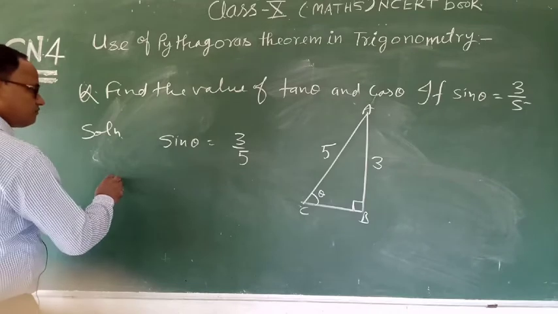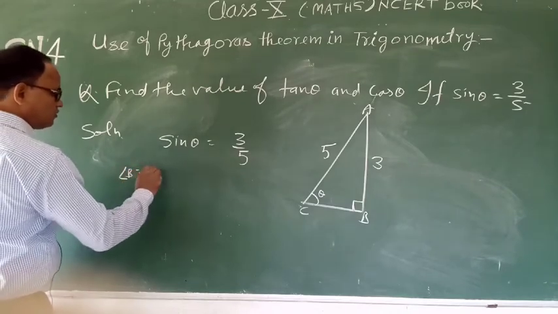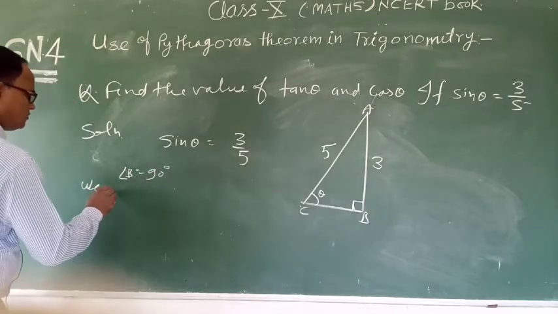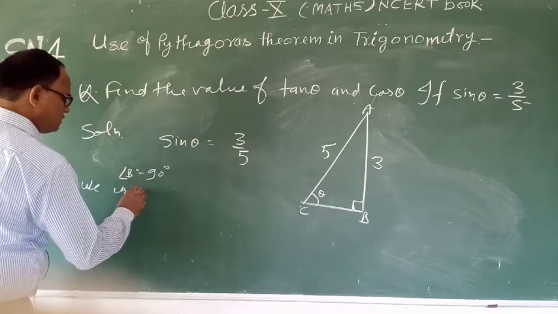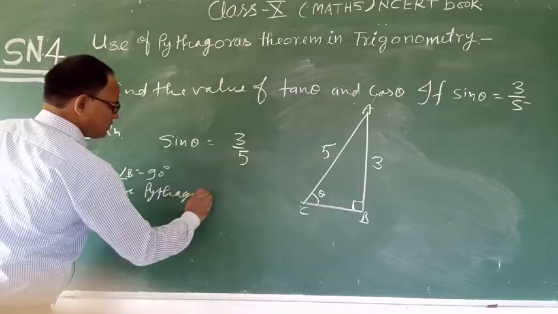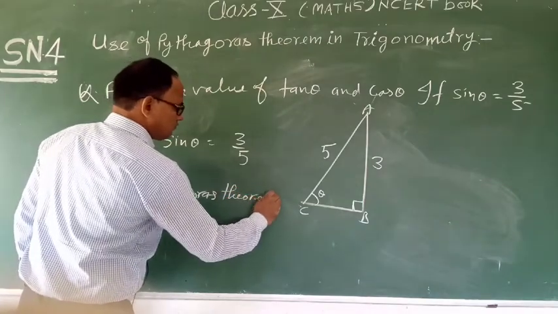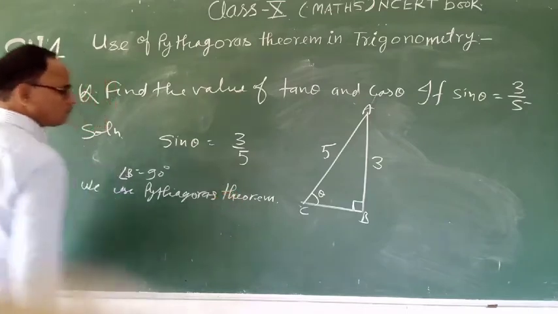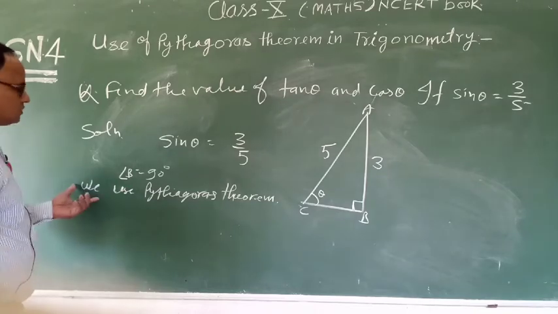Here angle B is equal to 90 degrees. We use Pythagoras theorem.